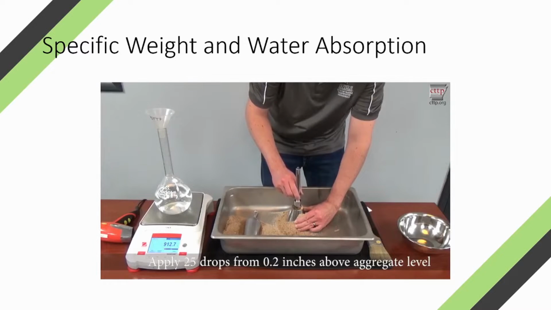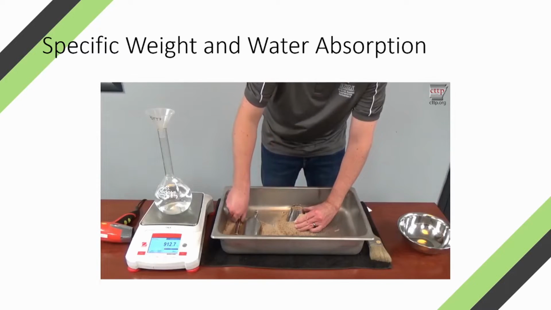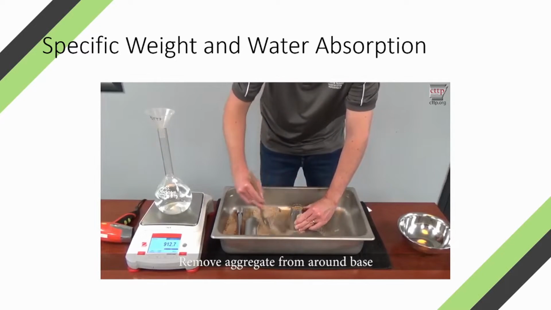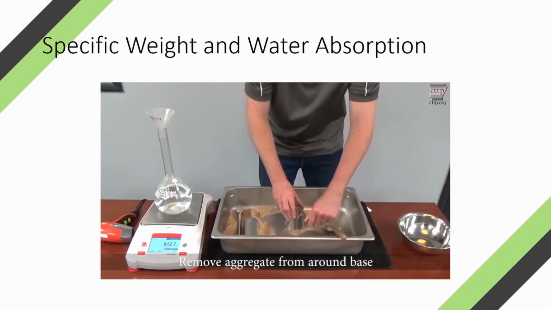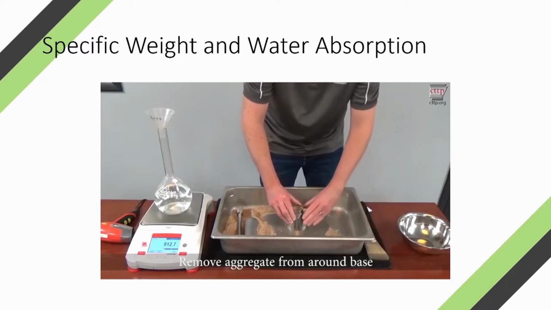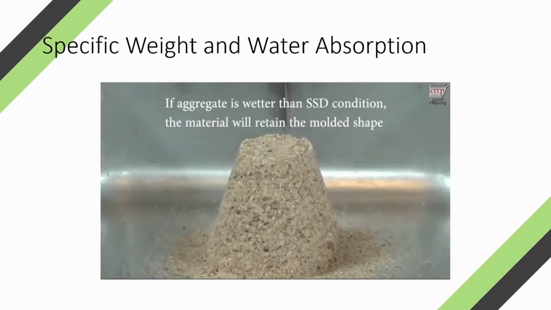Apply 25 drops from 0.2 inches above the aggregate level. Remove aggregate from around the base of the cone while holding the cone firmly in place. Lift the cone straight up. For the first cone test, the aggregate should be wetter than SSD. If the aggregate is wetter than SSD condition, the material will retain the molded shape.